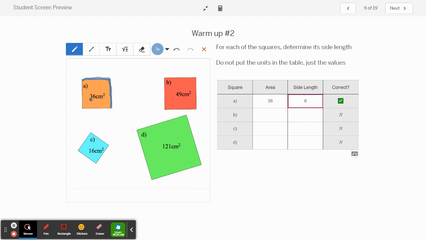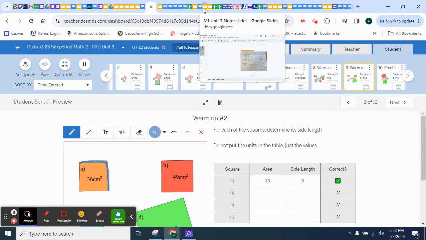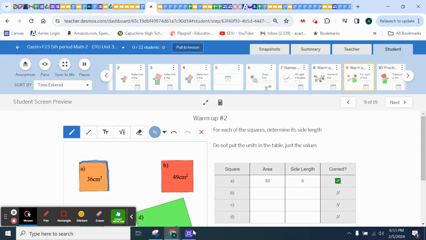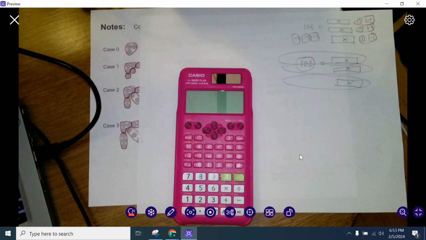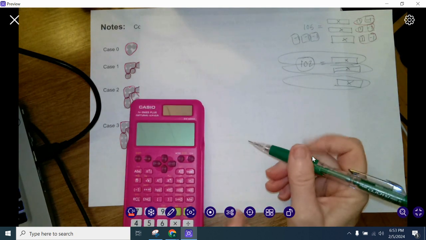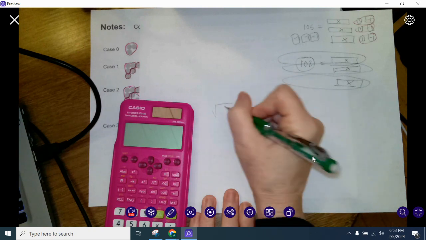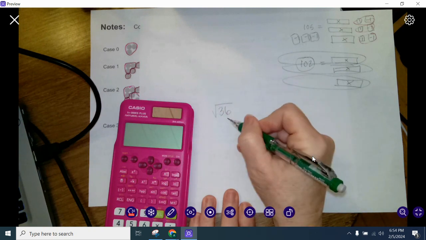Okay? If you have a hard time thinking about what number times itself gives you 36, it is possible to do this on your calculator. So let's see if I can show you how to do it on the calculator. I have a different calculator here at home than you have in the classroom, but I'm going to give it an attempt. If I wanted to know what number times itself gives me 36, what I'm asking for is the square root of 36.